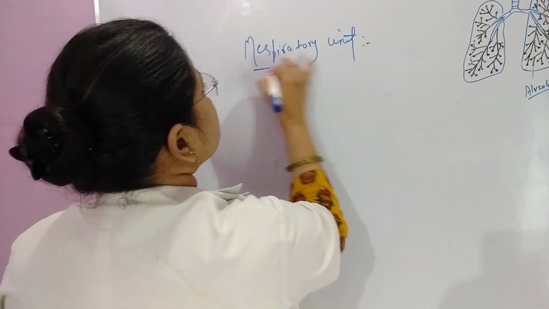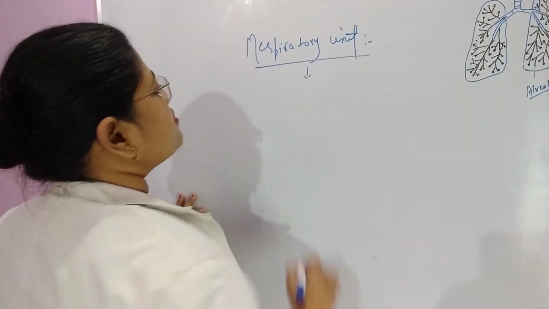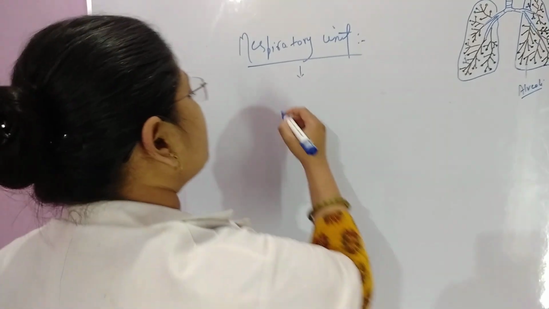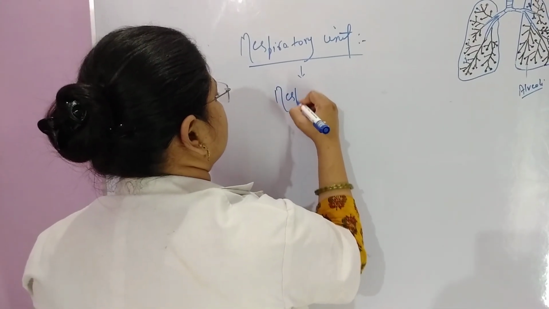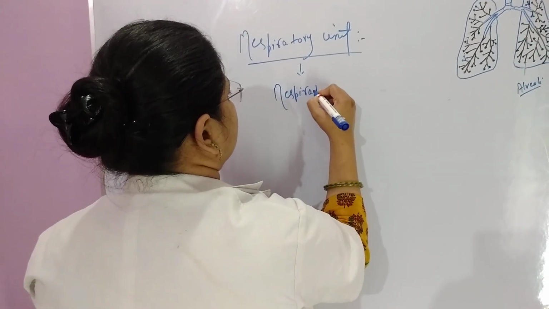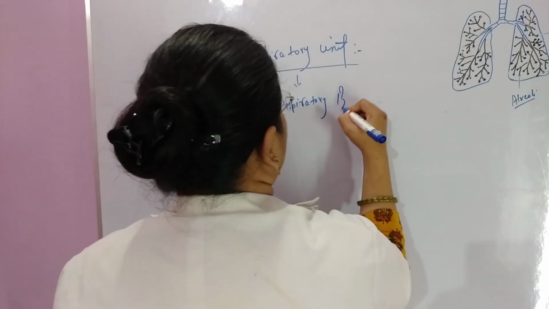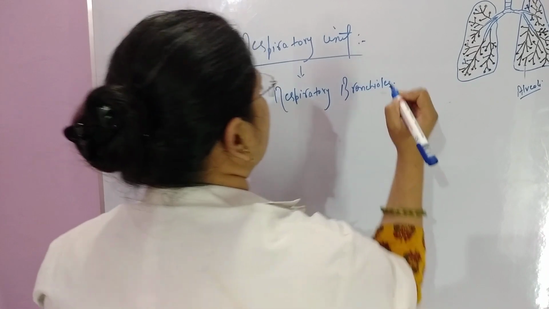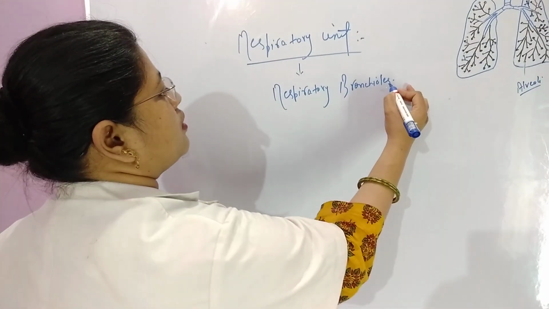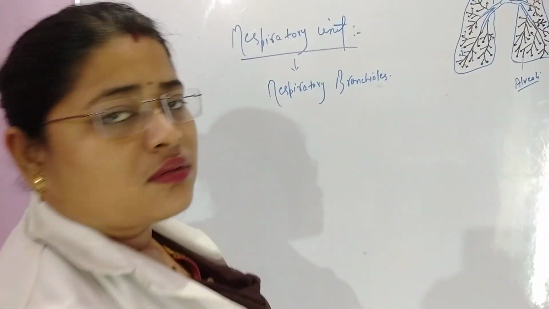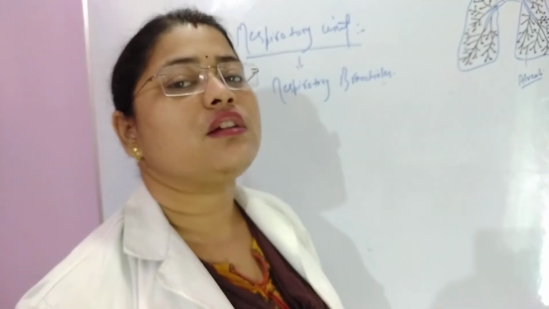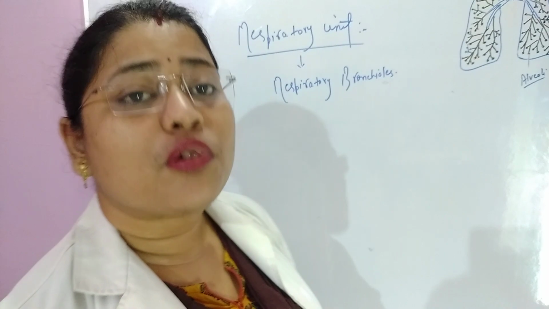The respiratory unit begins with respiratory bronchioles, which are the product of rebranching of tertiary bronchi.